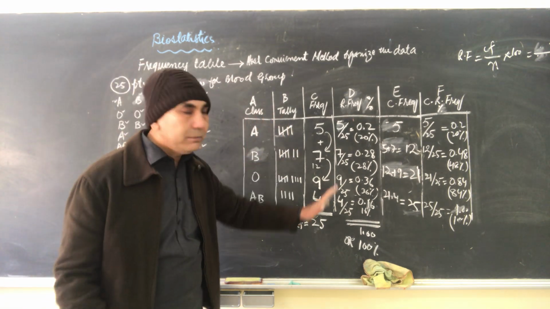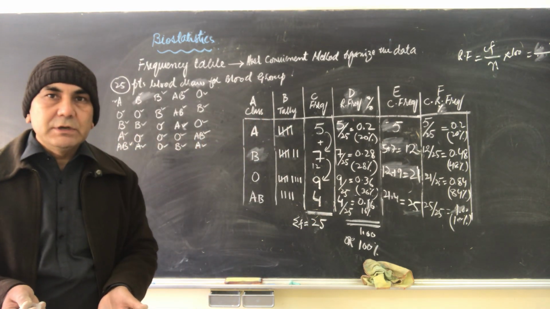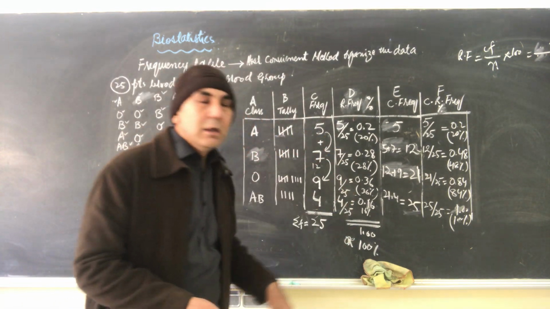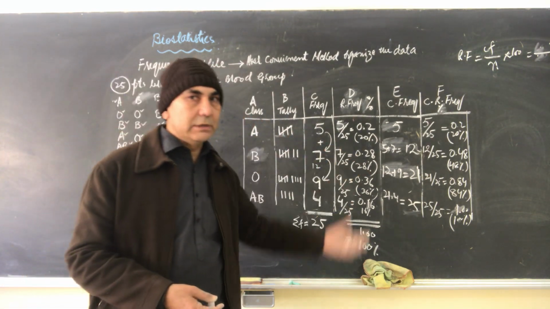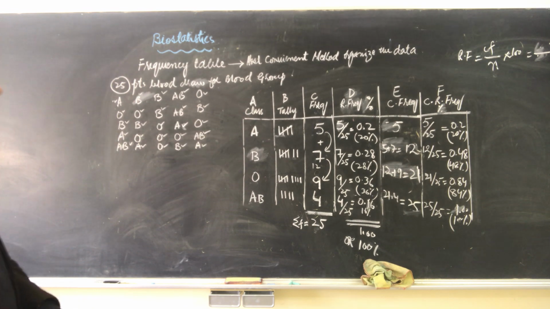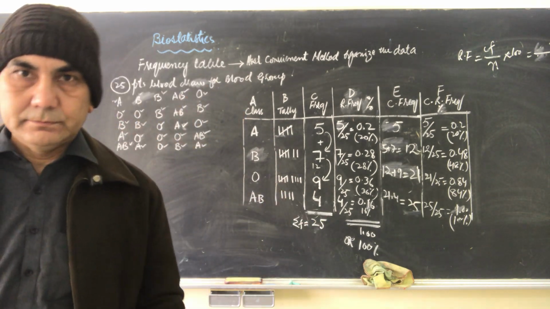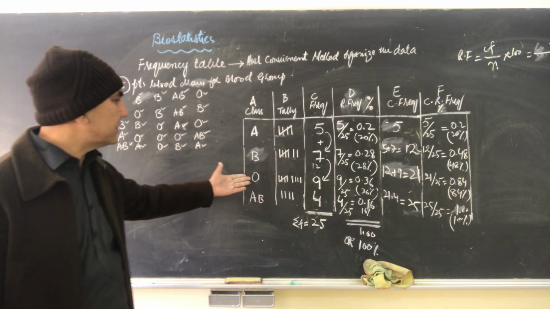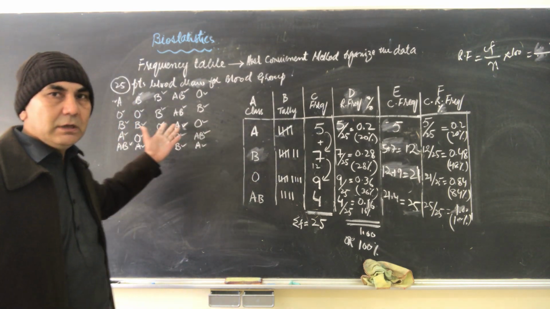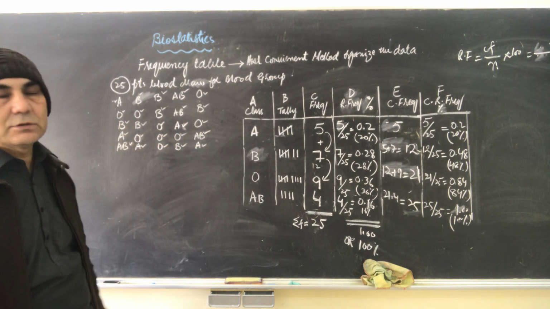When we put these 25 data points in the frequency table, it comes up with a meaningful result. You can say the highest blood group among these 25 patients is the O group, with 36%.